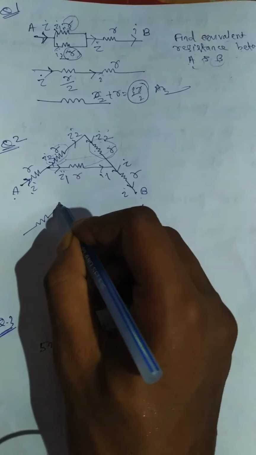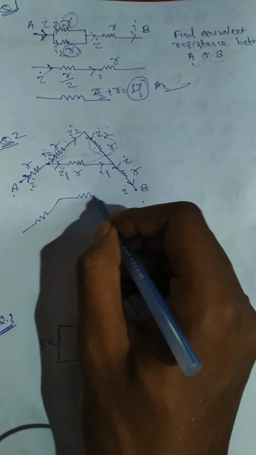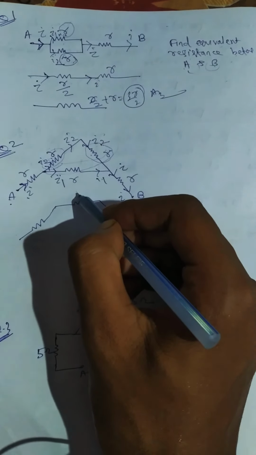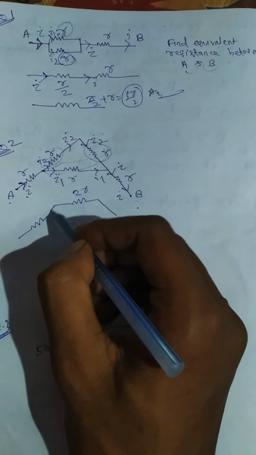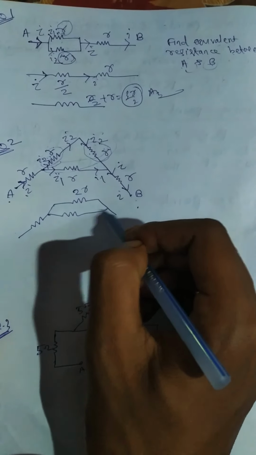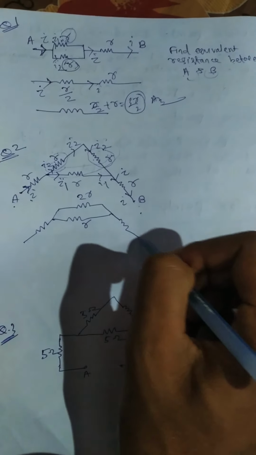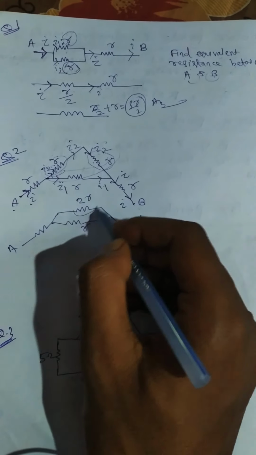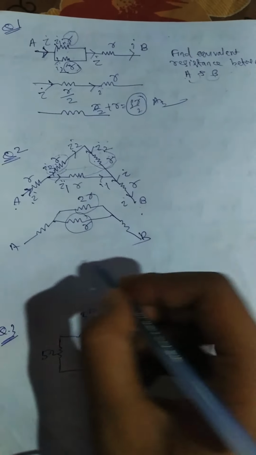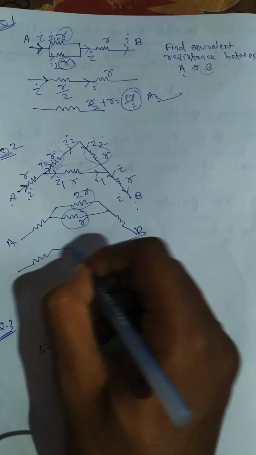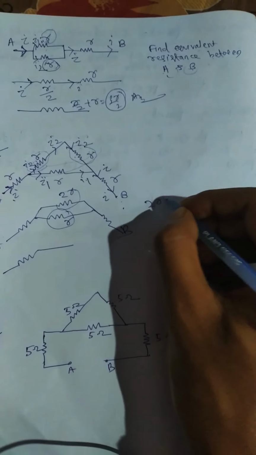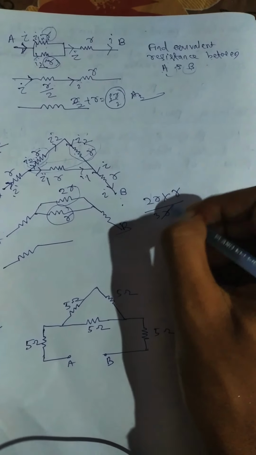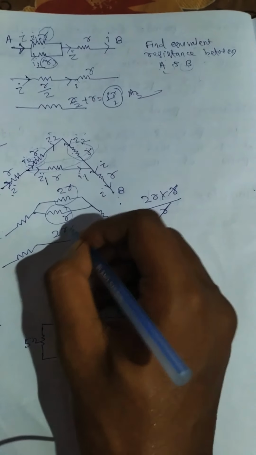The equivalent resistance is R and R, that is 2R, and again this is R. So these 2R and R are in parallel grouping. It becomes 2R into R, R1 R2 by R1 plus R2, over 3R. R cancels, giving 2R by 3.